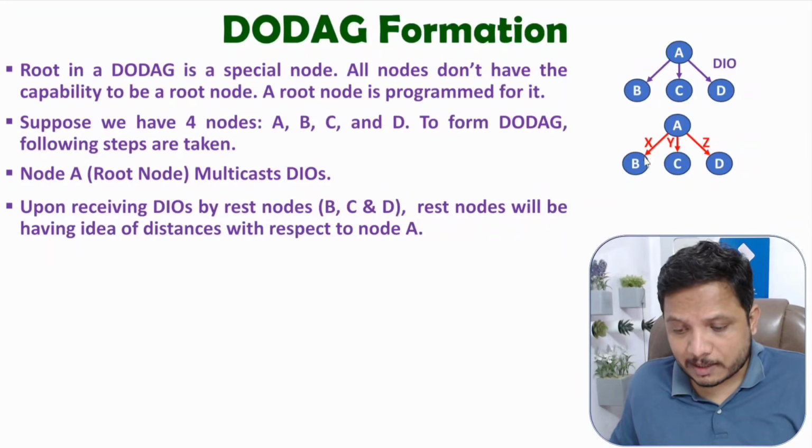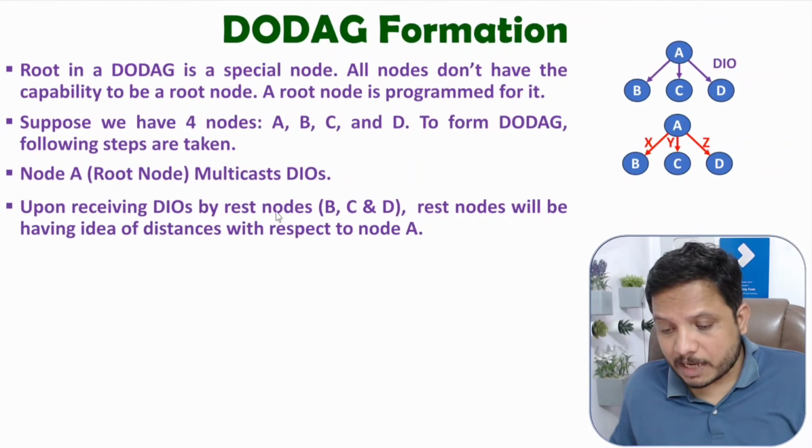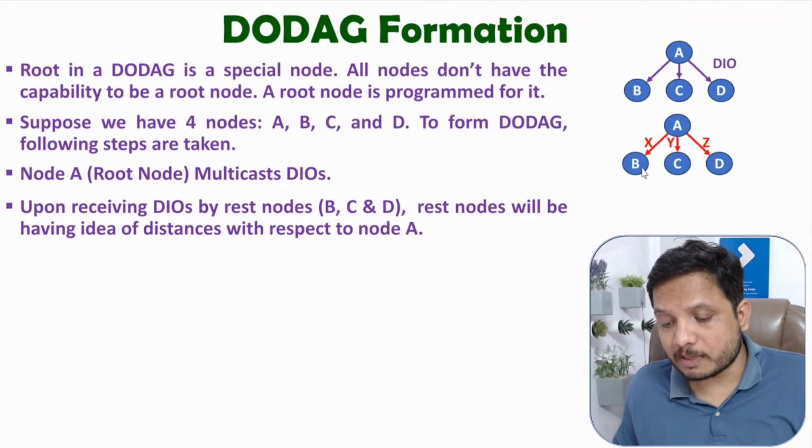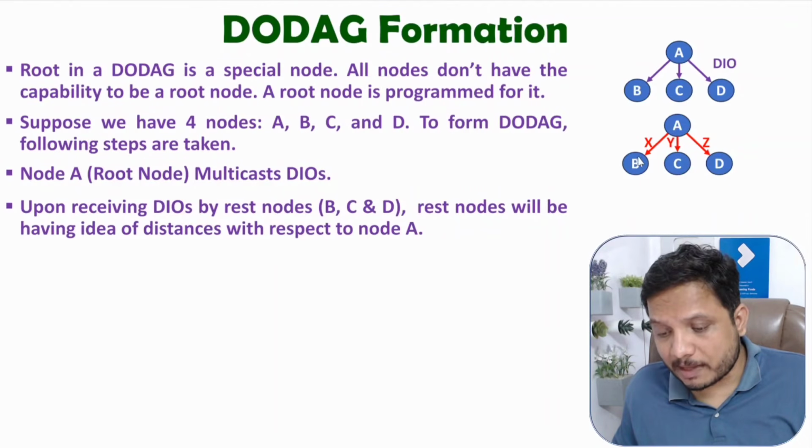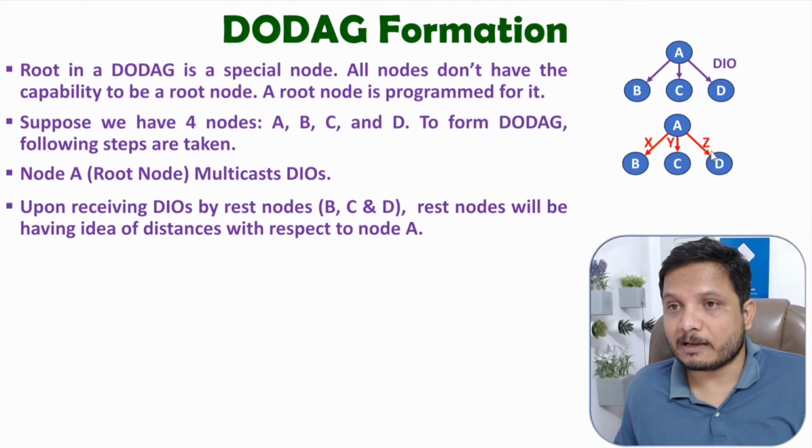So once B, C and D receive DIOs, based on that they will get to know the distance with respect to A. Like B will get to know the distance with respect to A is X. C will get to know the distance with respect to A is Y. And D will get to know the distance with respect to A is Z. Right.